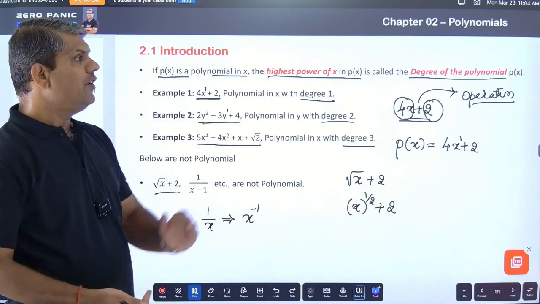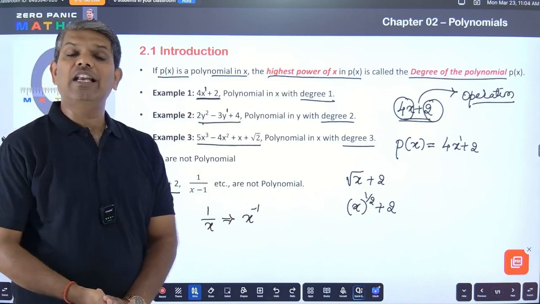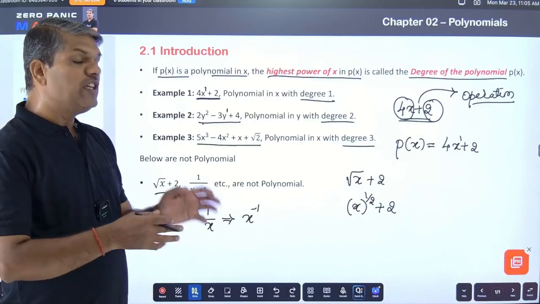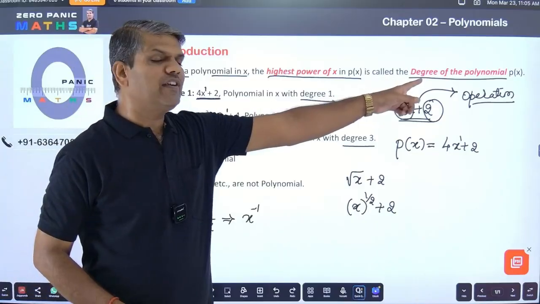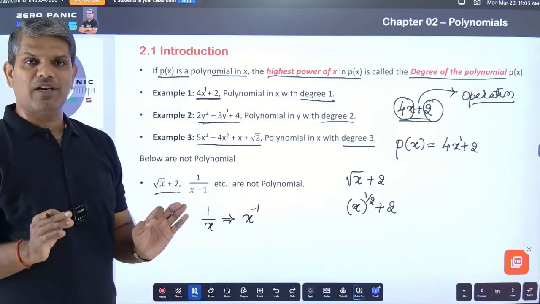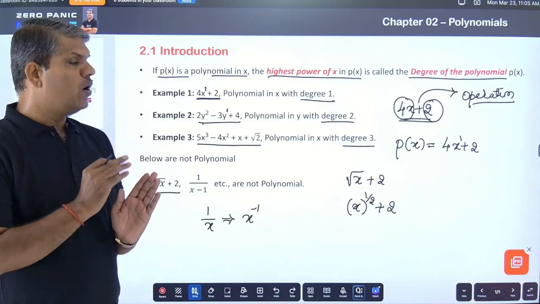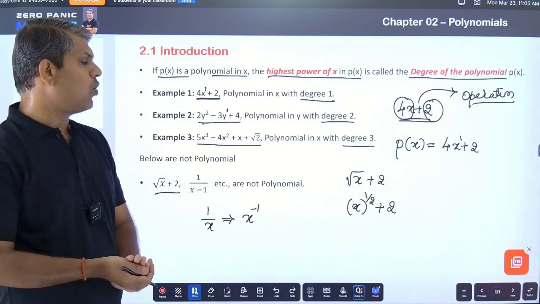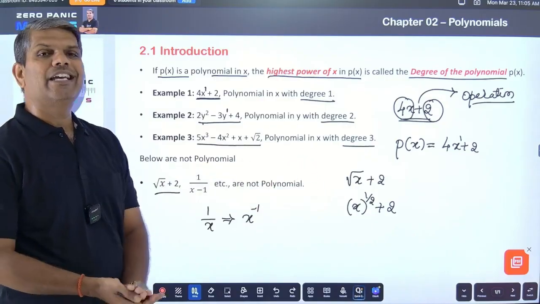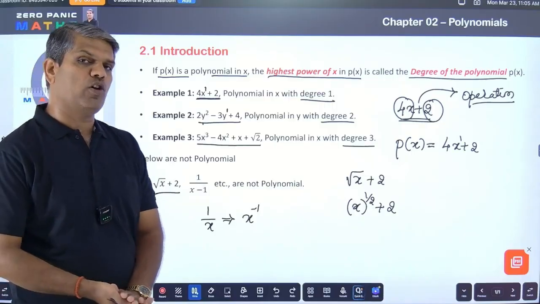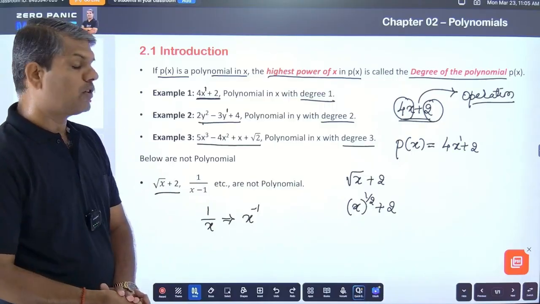So what are the features of an equation to become a polynomial? It should have a degree that is a whole number, starting from 0. Only whole numbers can be the powers of the variable in the polynomial. And what are those important features?